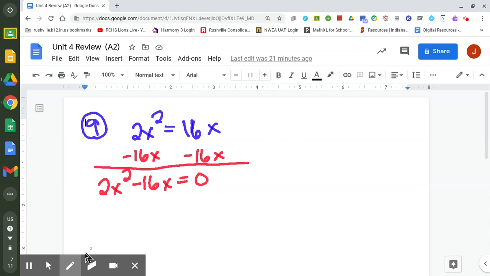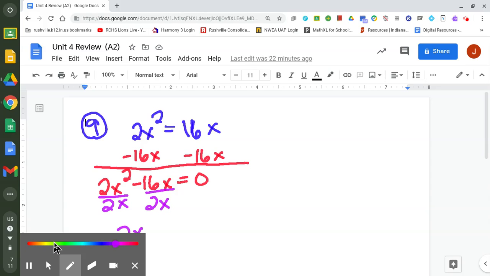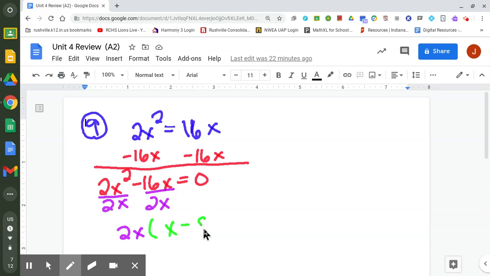And I want to find the greatest common factor. So 2x will go into both of these. So 2x. And then 2x squared divided by 2x is x. Negative 16x divided by 2x is negative 8.